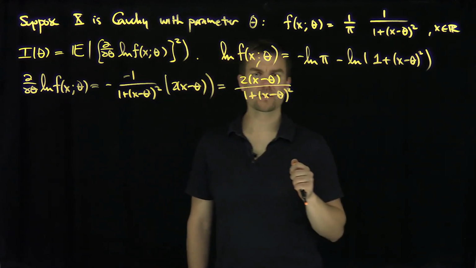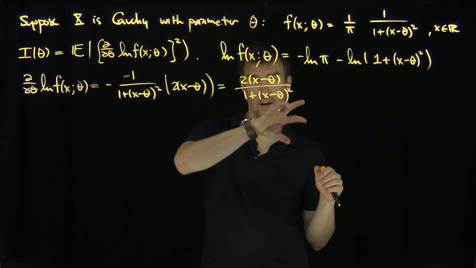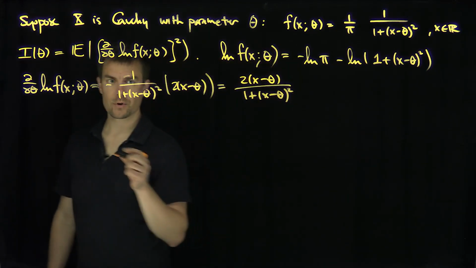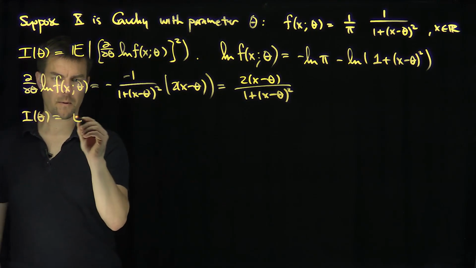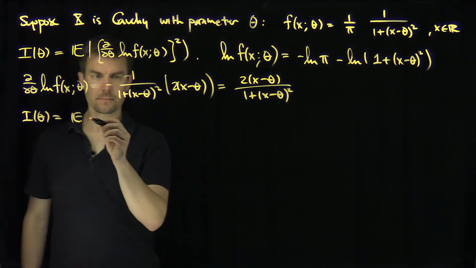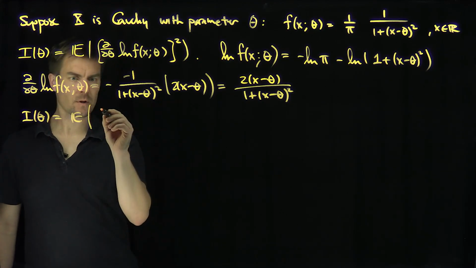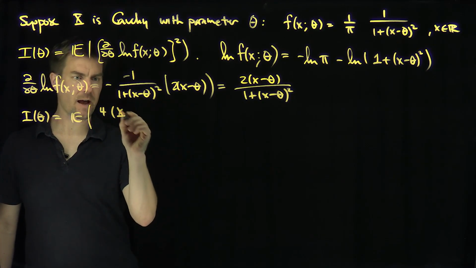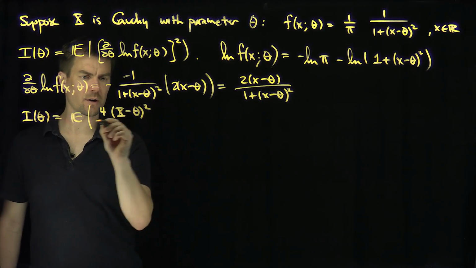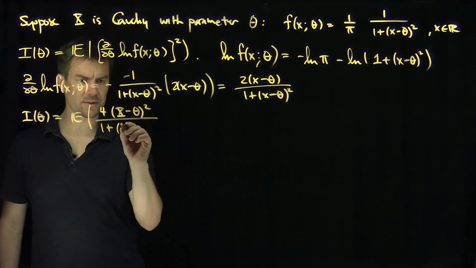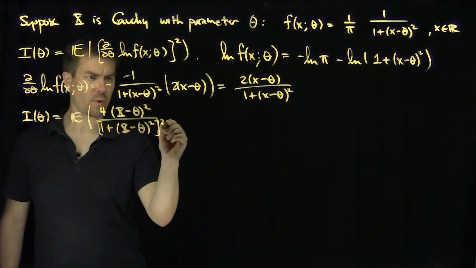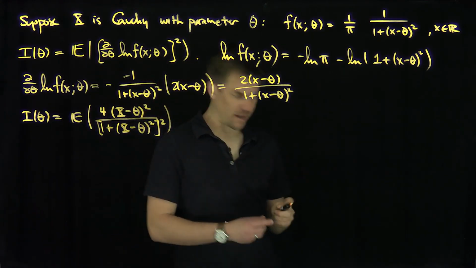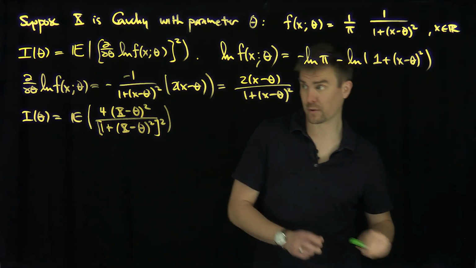All right. And so now what I have to do is square this expression and integrate it, right? So in other words, what is now the information? The information is the expected value of the square of this thing. That's going to be a 4 times (x minus theta) squared over (1 plus (x minus theta) squared) squared. And so now let's plug in what the PDF is. We know what the PDF is, of course.